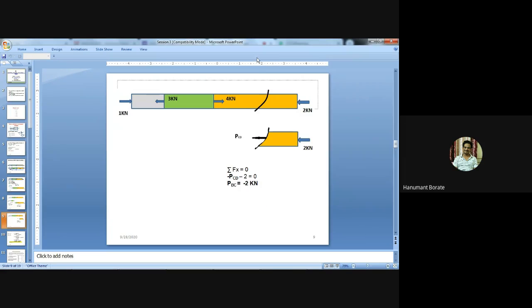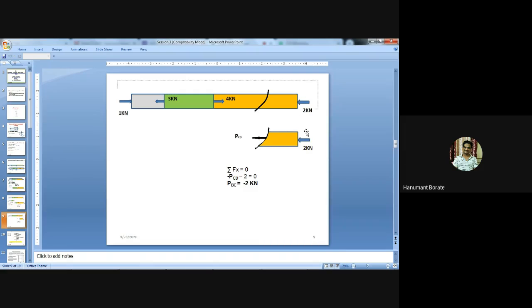Now we'll solve for the third member, that is the CD member. Again we need to break the system into two parts. So I have taken a cut section here, and for this I have considered the right part, because in the right part there is only one force.